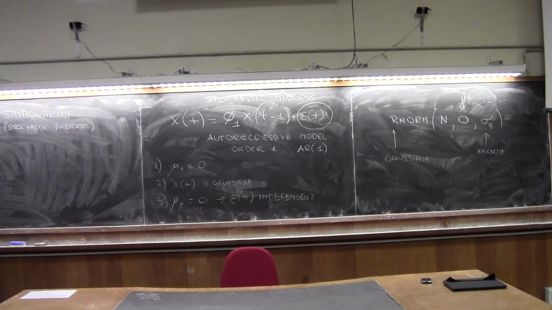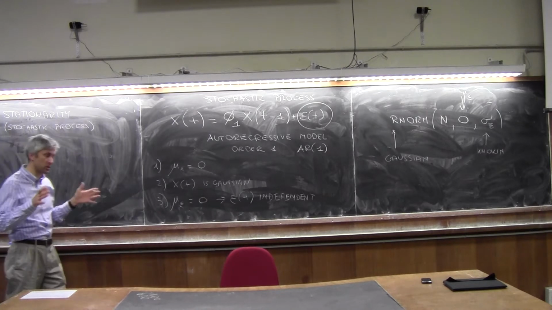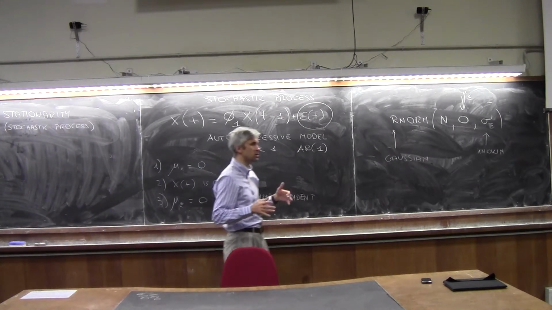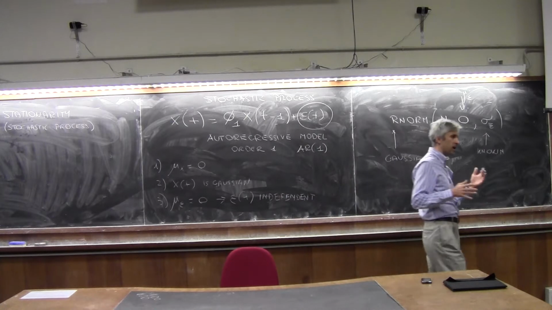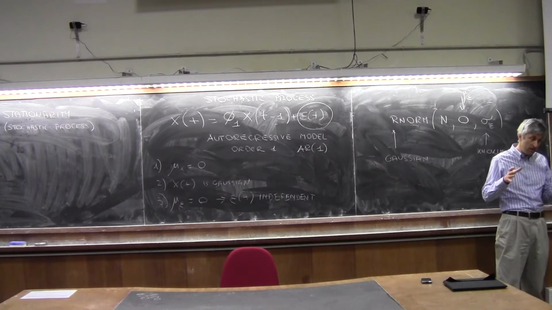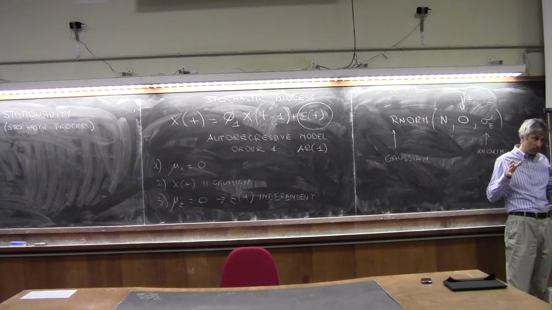So stationarity means that you deal with a stochastic process. This is something that people don't realize. So stationarity in mathematics and statistics is referred to with reference to a stochastic process, to a family of random variables. This is the first thing. So when one says climate is non-stationary, he's implying that climate is represented by a stochastic process.